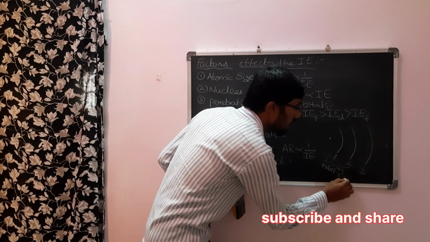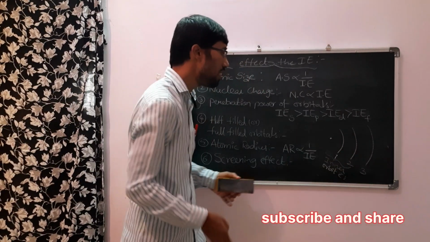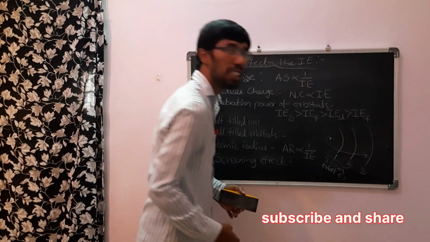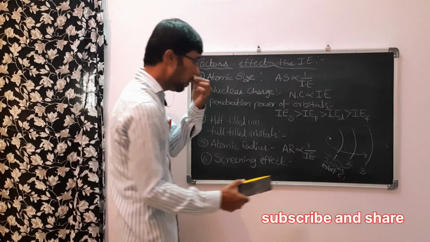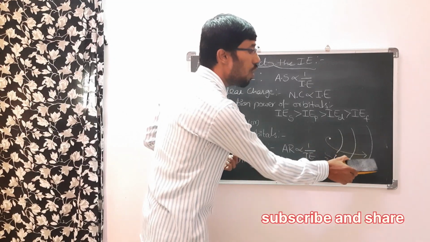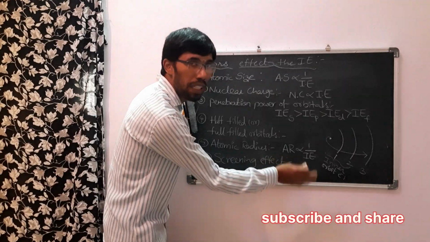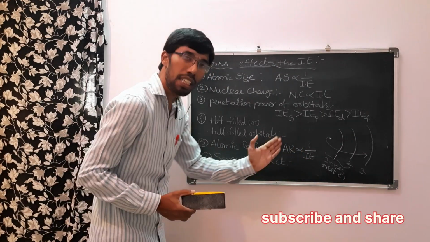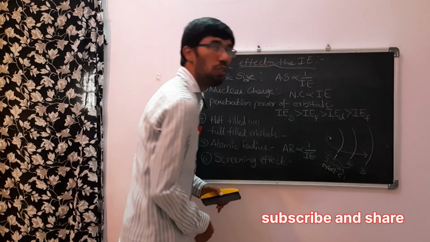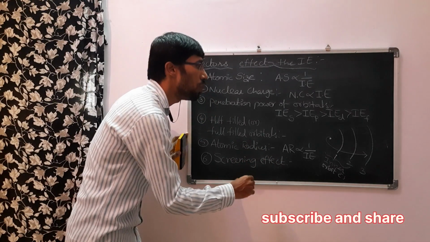The inner orbital electrons decrease the nuclear attraction on the outermost valency shell electrons, and this is known as the screening effect. When the screening effect increases, nuclear attraction on the outermost valency shell decreases.